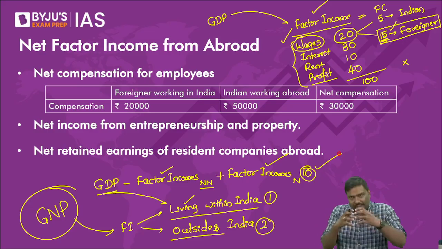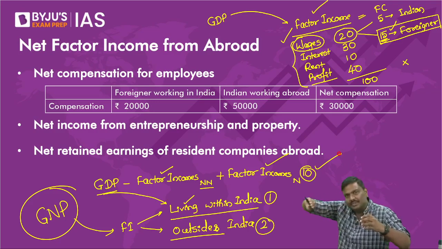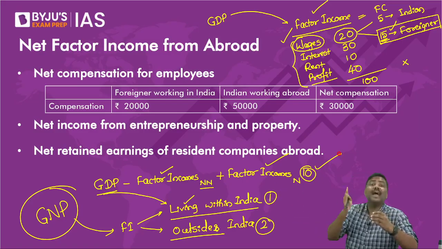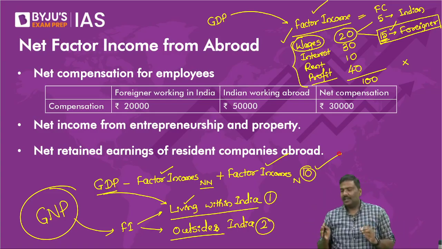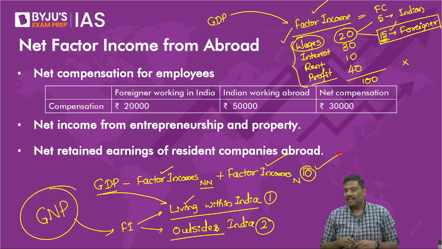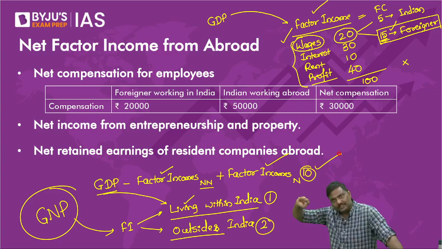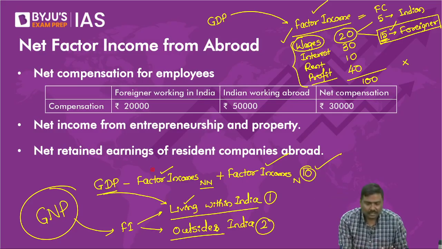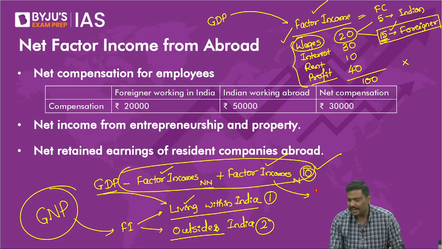So when you take GDP, out of that, how much factor income should be subtracted and how much should be added? The difference between that is called net. I'll repeat it. Out of the GDP, you are supposed to take out certain factor incomes and add certain factor incomes. The outcome of that is called net. Any difficulty, please do let me know.